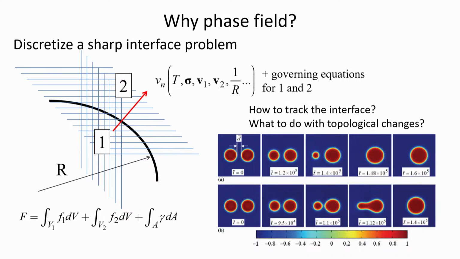There are two problems with that. First is a theoretical problem: how to deal with the kinetics of an interface. Second is computational: how to track interface motion, and particularly how to handle changes in topology. So, we need phase field models.